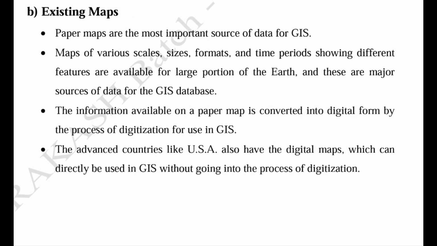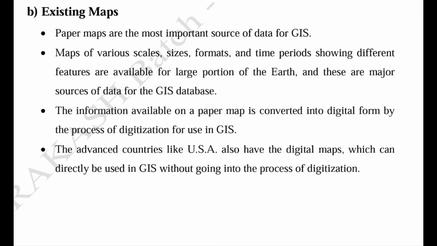So maps of various scale, size, formats and time periods showing different features are available for a large portion of earth, and these are major sources of data for the GIS because every part of the earth is covered in the maps and that are available at different scale, sizes, formats, so that can be easily available data which are useful for the GIS database. So this is the large portion of earth that are covered by the map, so we can use them easily and they are available easily.